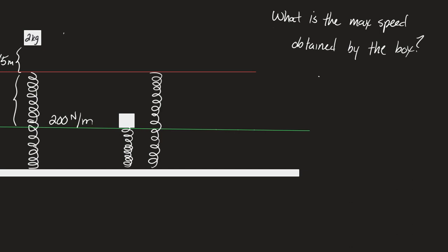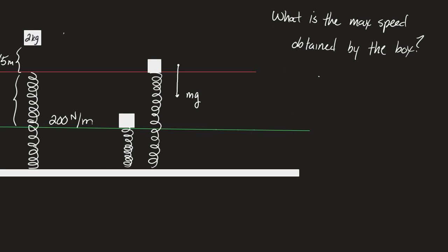Consider this. You guys keep thinking it's at its maximum speed right when it hits that spring. Well, the moment it touches the spring, how many forces are acting on the box? 2. The moment it touches the spring, it's definitely got weight acting on the box. What's the second one? From the spring.